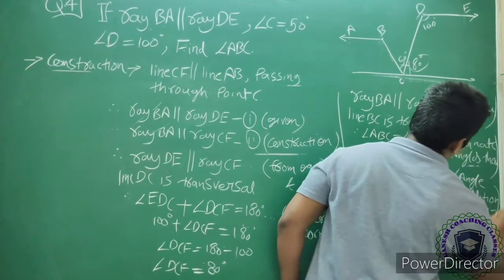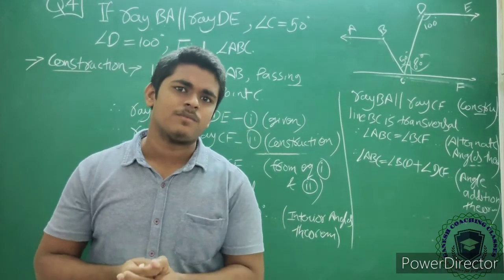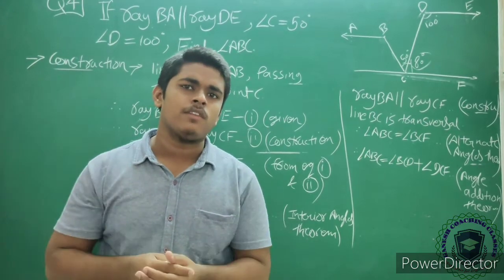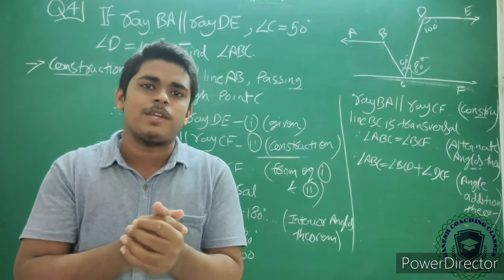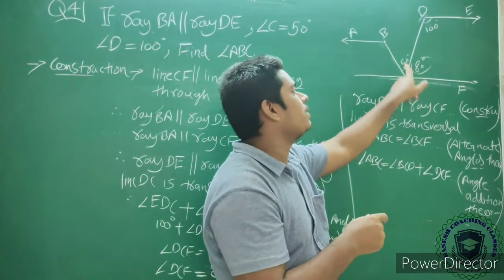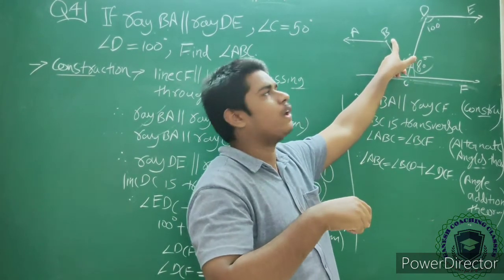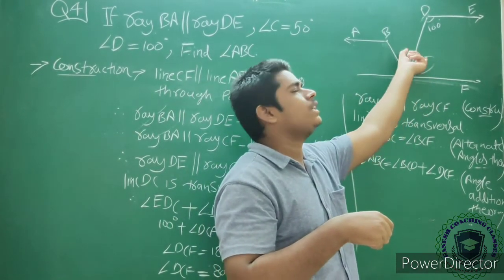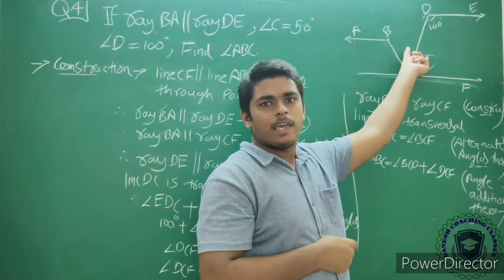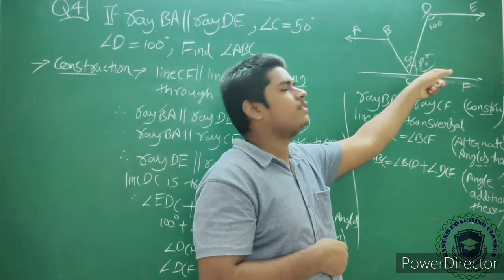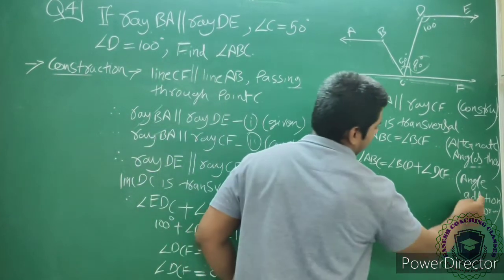It is a simple property: when an angle is divided into 2 or 3 different angles, we can find that angle by adding the divided angles. Here angle BCF is divided into 2 angles, so we find the value of BCF by adding these 2 angles. If it was divided into 3 angles, we would find it by adding those 3 angles. So this is the angle addition theorem.